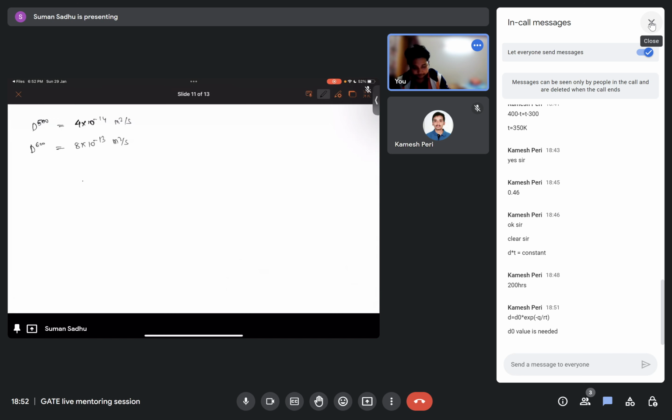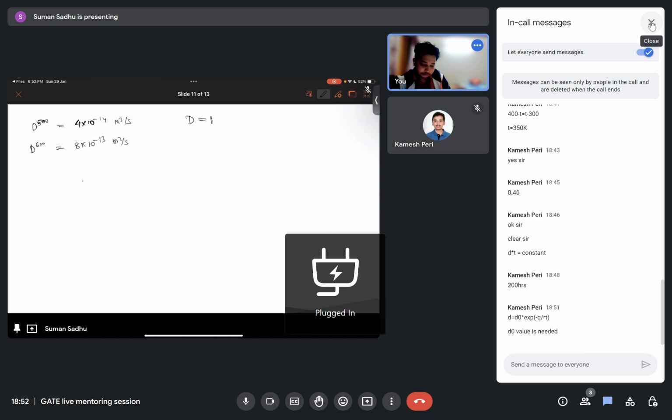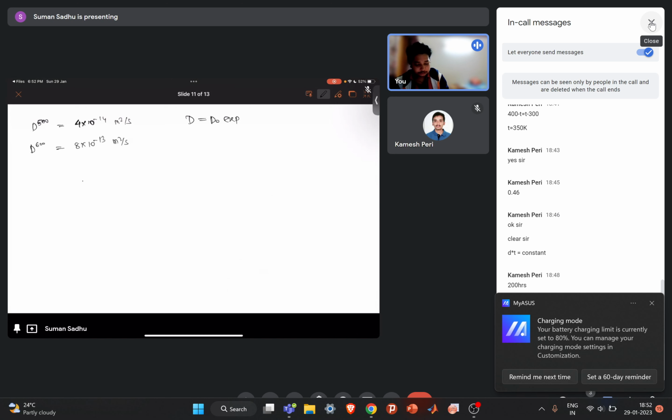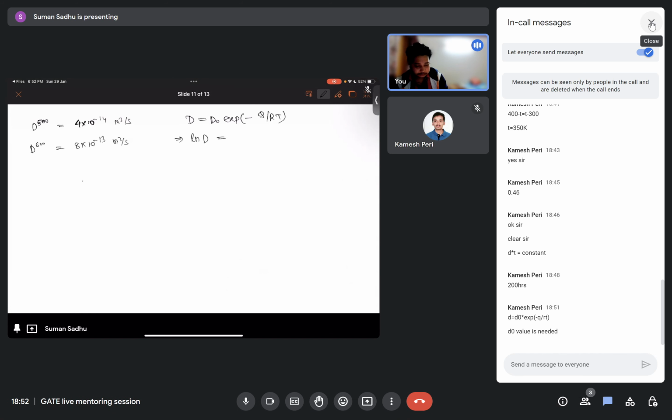Yeah. Okay, so now what is the Arrhenius equation? That is D is equal to D naught exponential of minus Q by RT. If you take ln on both sides, it will be ln D is equal to ln of D naught minus Q by RT, right?